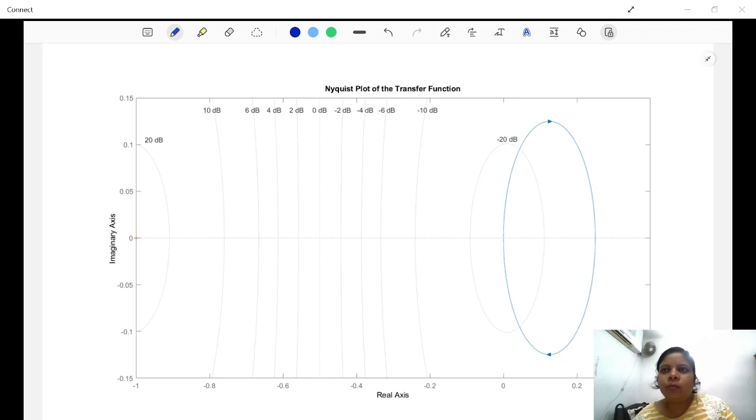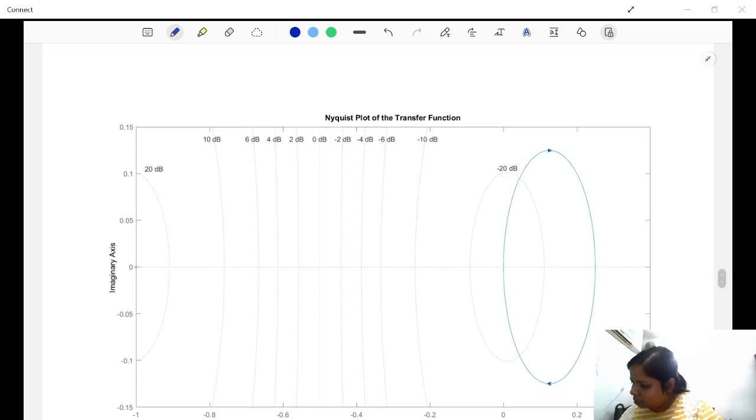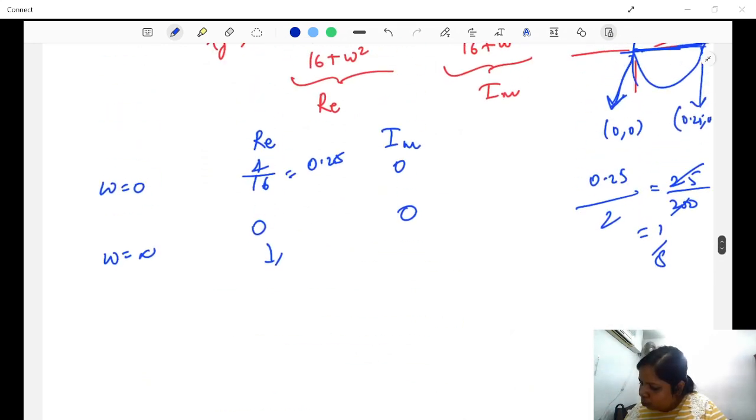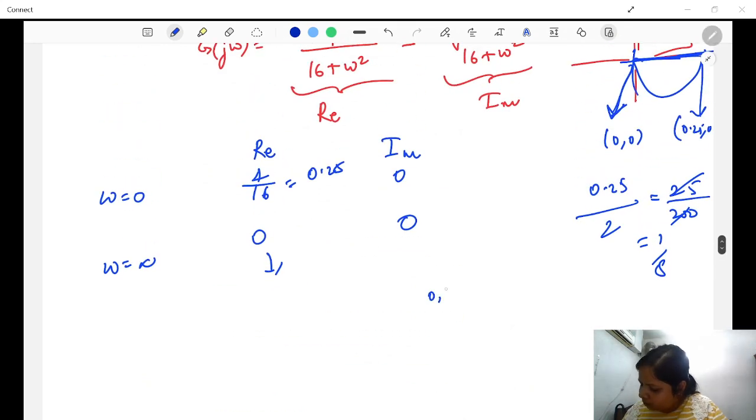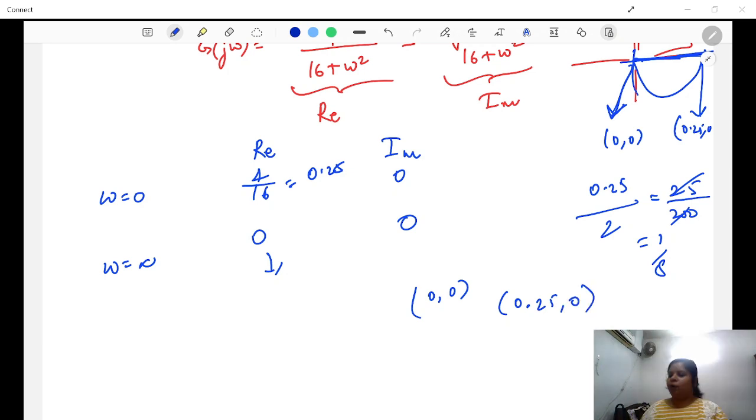When you make the same table given in your lecture for omega equal to 0 and omega equal to infinity, if you get both points on the real axis, as in our case, one point was 0 comma 0 and the other was 0.25 comma 0, then I knew it is on the real axis.